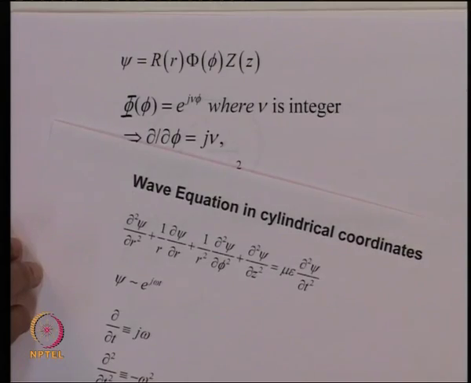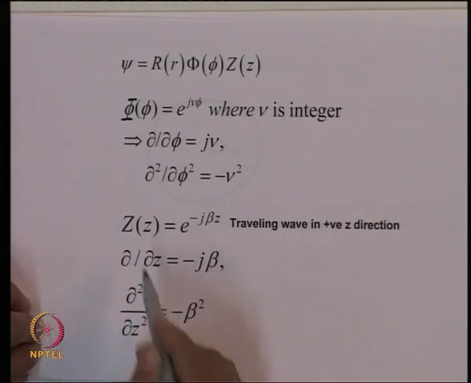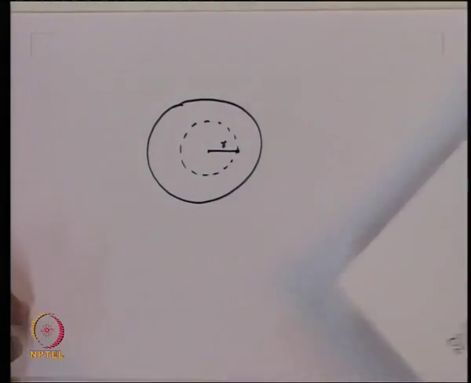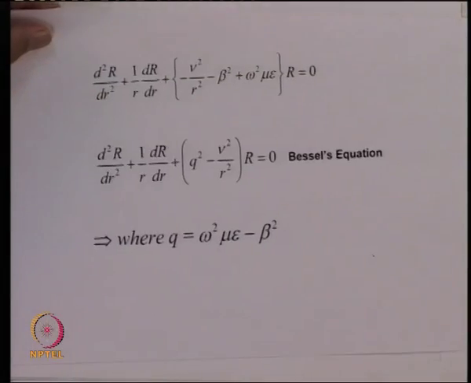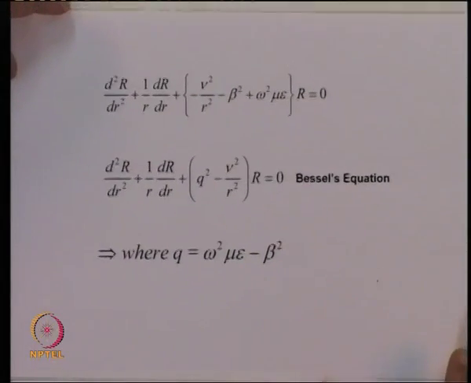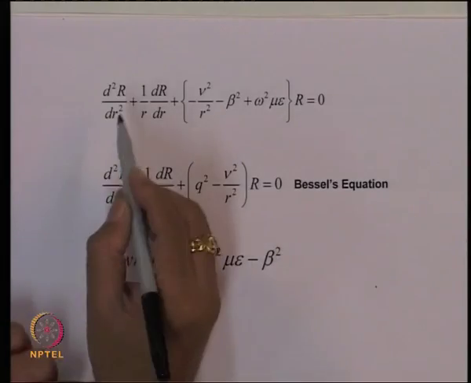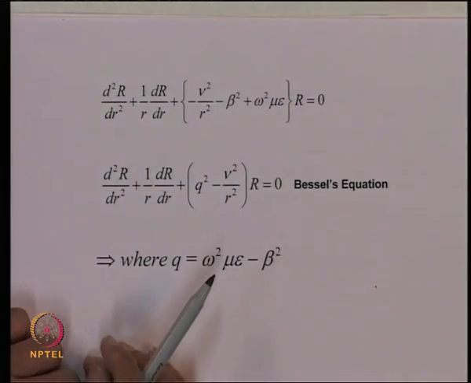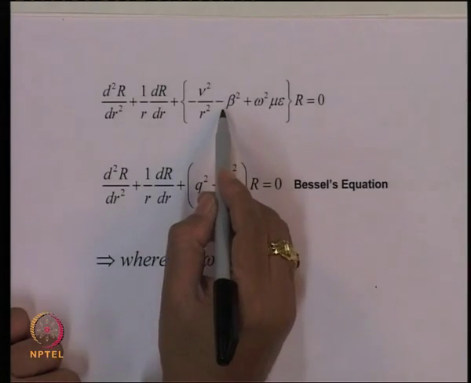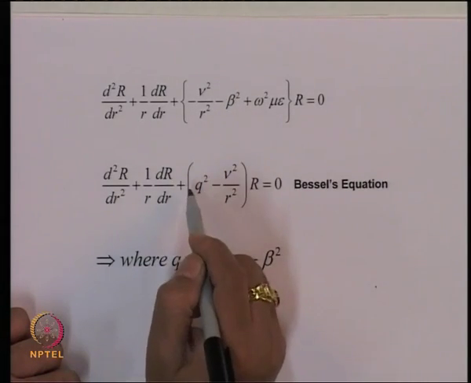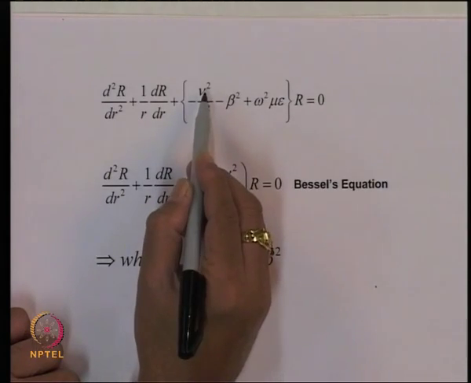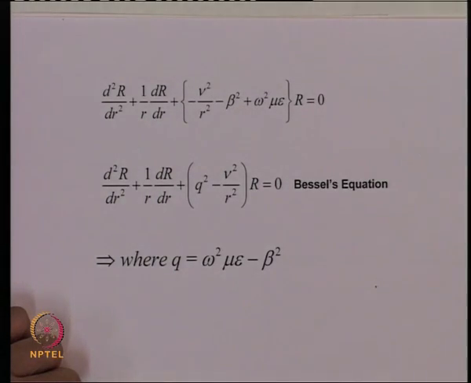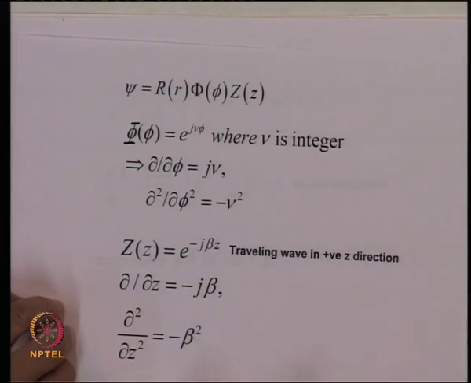So, what we do is we substitute this quantity psi into the wave equation, and if I divide by psi, you get the equation which governs this function r. Note here, this minus beta square is because of d2 psi upon dz square. This minus nu square is because of d2 upon d phi square.